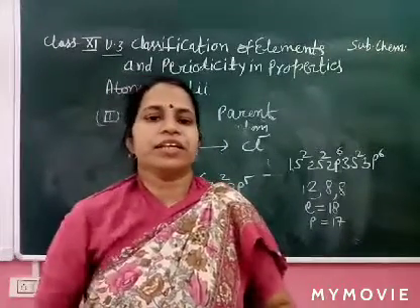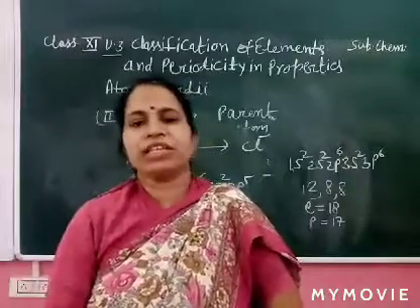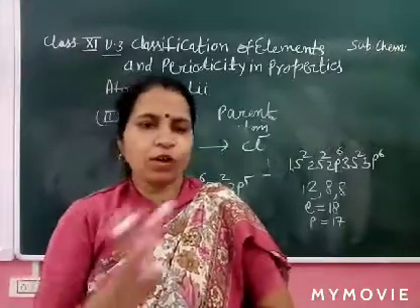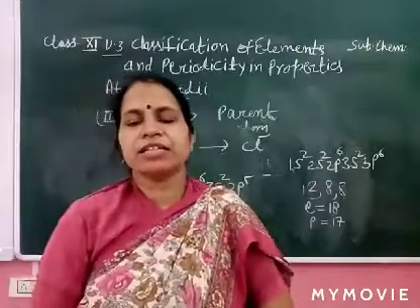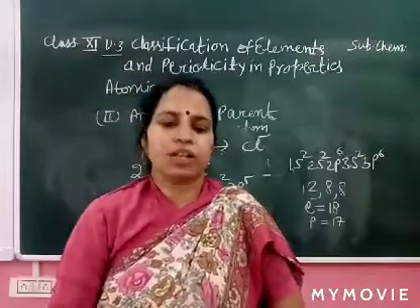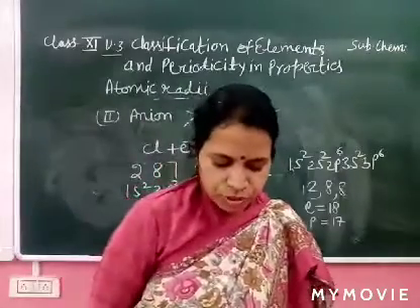So atomic radii is increased. So always learn: when Z effective nuclear charge is increased, atomic radii decrease. When effective nuclear charge becomes lesser, atomic radii is increased. Now it's clear to all of you?